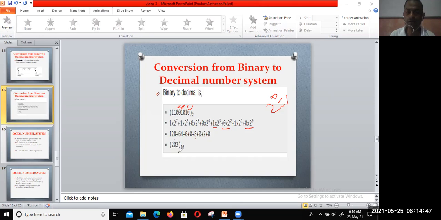And write down the base, because we are converting binary to decimal, so put here the base of the decimal number, that is 10. So this is a simple process and I hope it is clear.